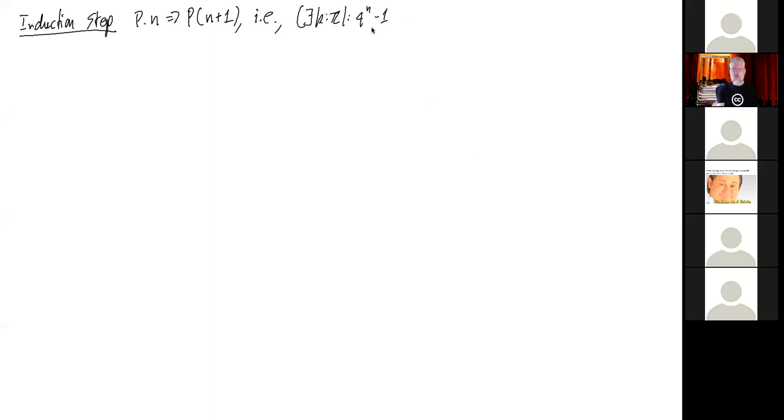This wasn't even valid because this is not a Boolean valued expression. Also, it doesn't refer to k anywhere. There's a whole lot of things that weren't good about that. So: 4 to the n minus 1 equals 3k implies exists k in the integers 4 to the n plus 1 minus 1 equals 3 times k.